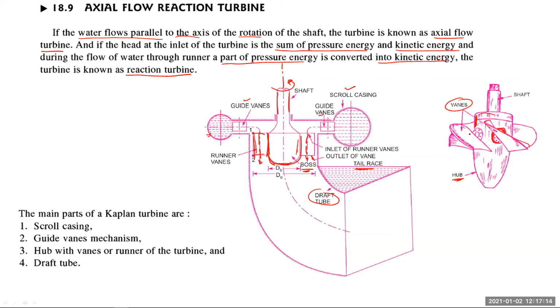When the vanes are fixed to the hub and they are not adjustable, means this is fixed, it cannot be adjusted, then it is called your propeller turbine. And when they are adjustable, means the vanes can adjust their angles by loosening or tightening, then that type of turbine is called your Kaplan turbine.